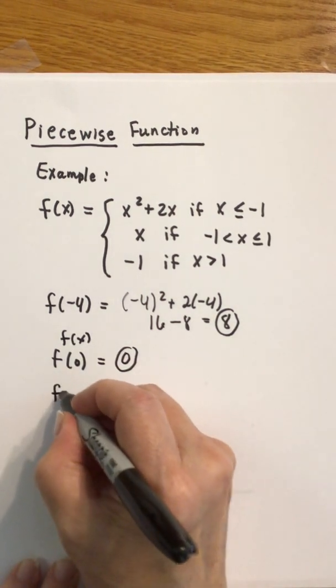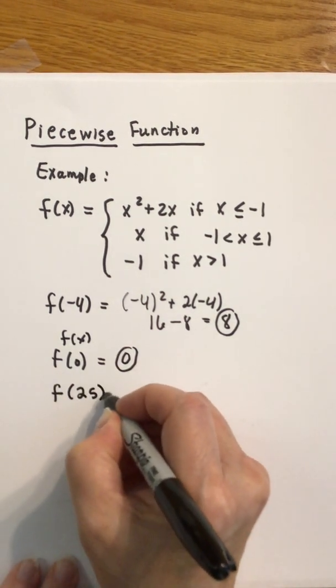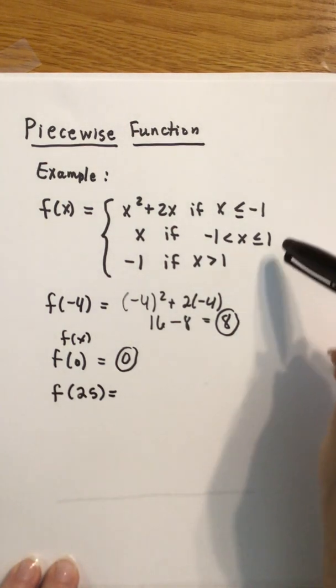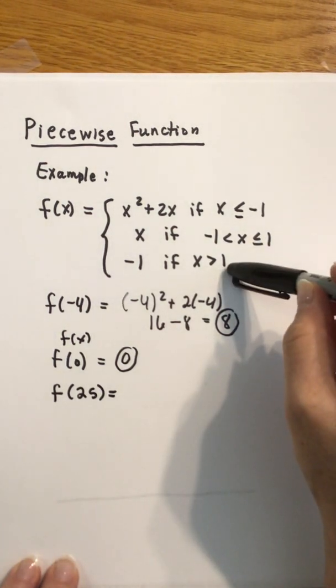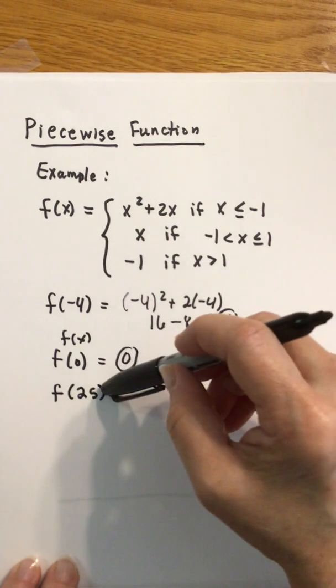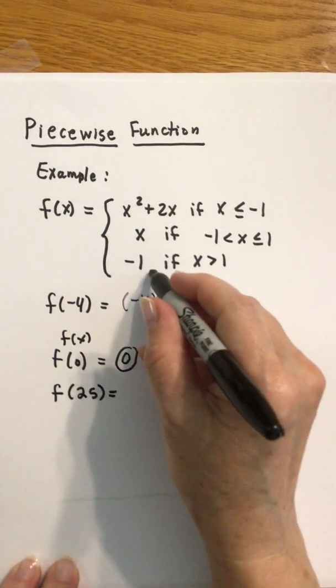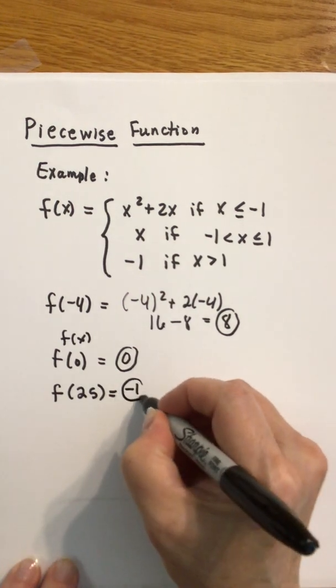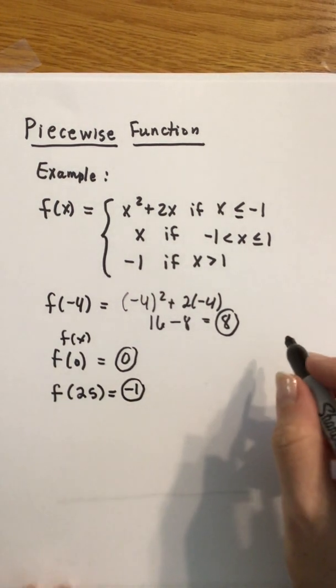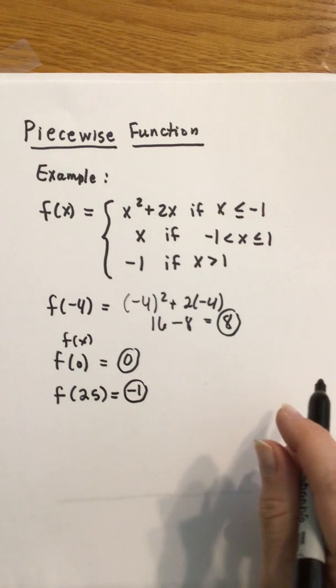All right, if I take f of 25 now, I go up and decide where in these three pieces of the domain we find 25. Well, 25 is greater than 1, so my answer is going to be negative 1. So we have a piecewise function.